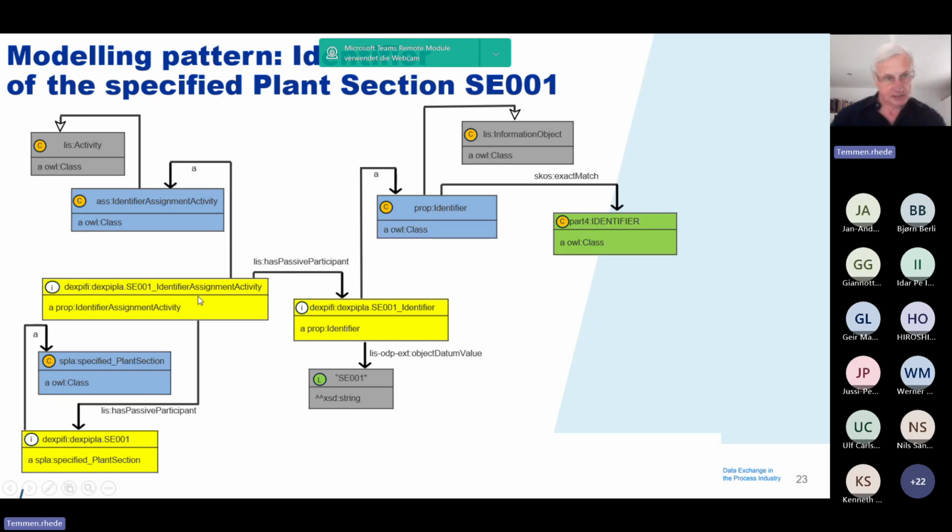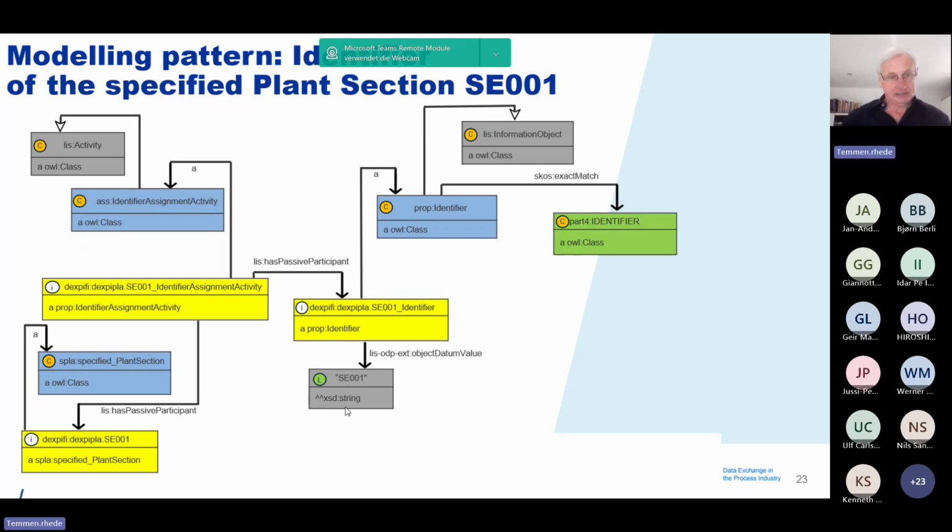And what's missing in this picture, or not considered in this picture, we could use list has active participants if we would say, okay, this organization has done this kind of assignment. And here we need an additional object property to relate the value to this instance, the identifier.